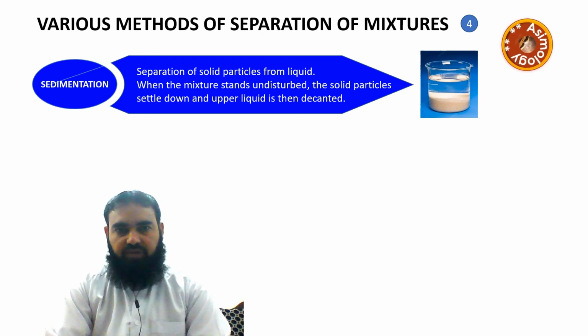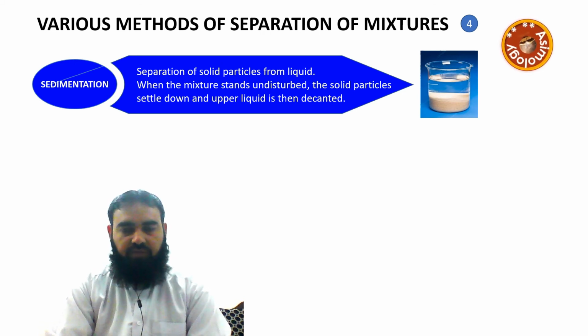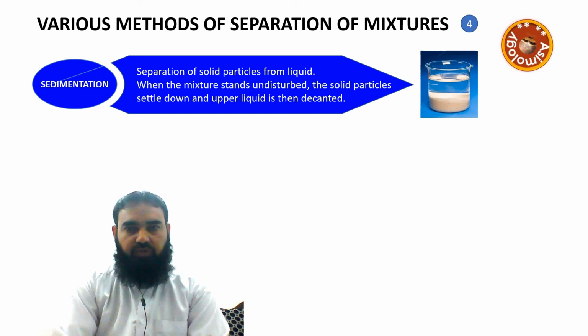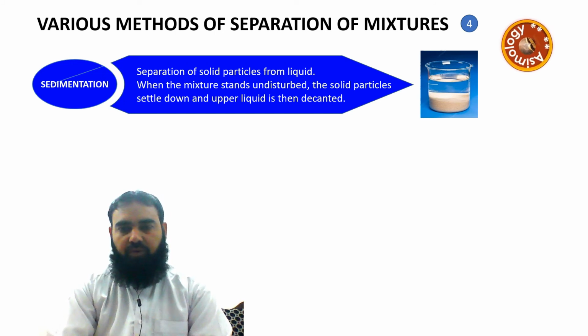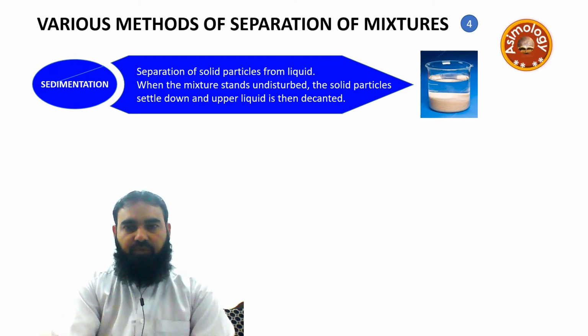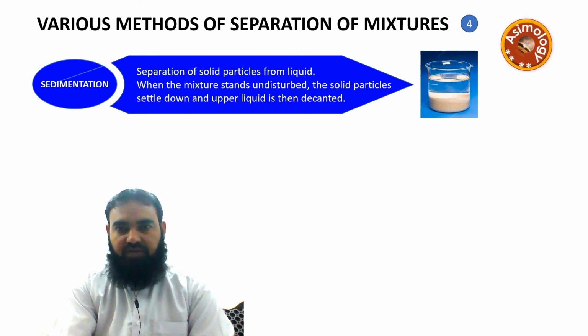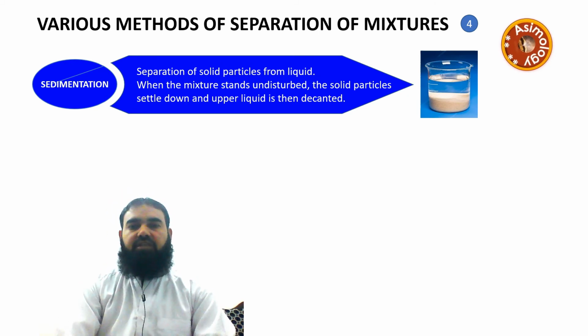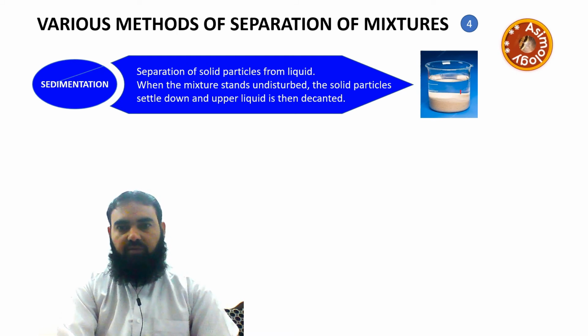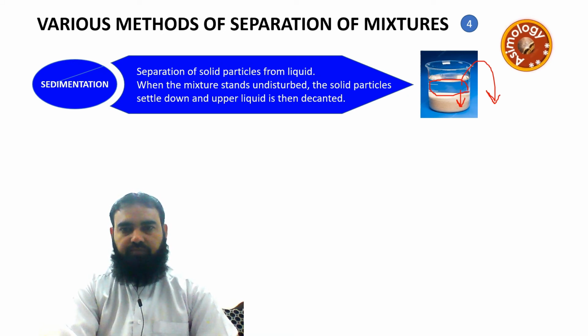Sedimentation is another process used for separation of solid impurities from liquid. If the particles are larger in size and you allow the liquid containing these solid particles to stand, the solid impurities due to gravity will settle down after some time at the bottom of the container, and you can decant the upper portion of the clear liquid into another container.